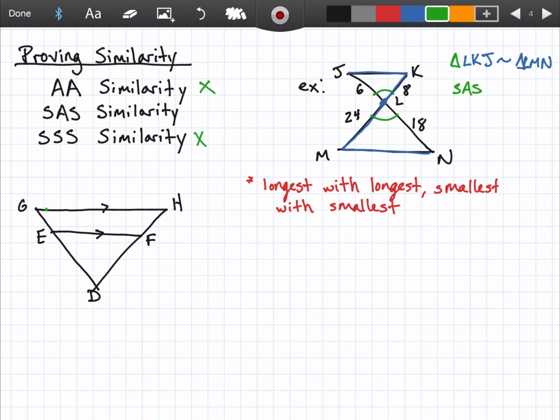Well, with this, those are parallel, so I got some corresponding angles. And look, I got more corresponding angles. Hey, that's angle-angle similarity, so I could say triangle DEF is similar to triangle DGH by angle-angle similarity.